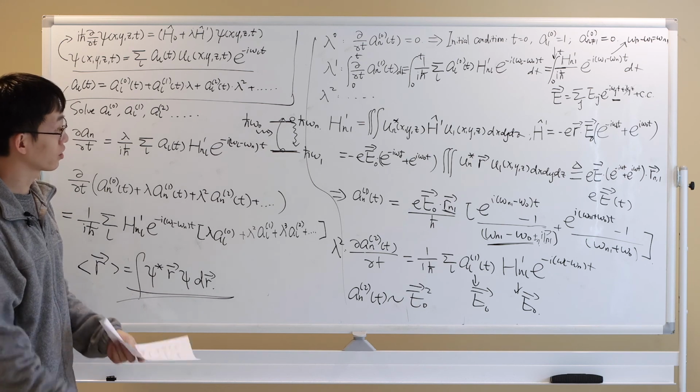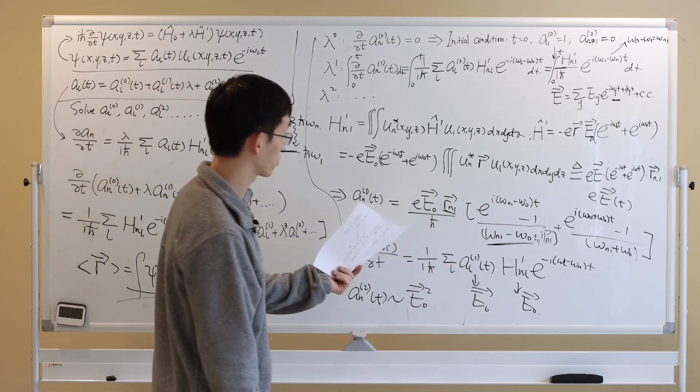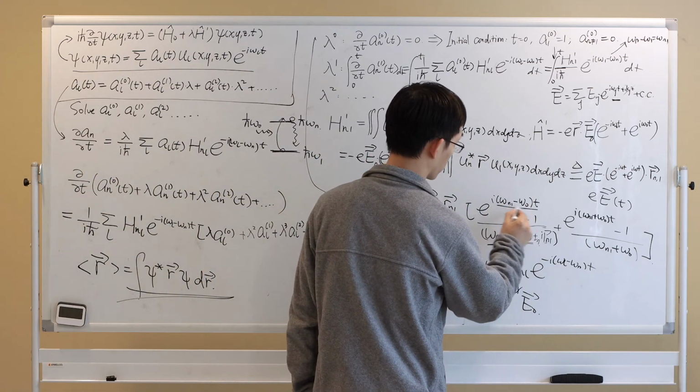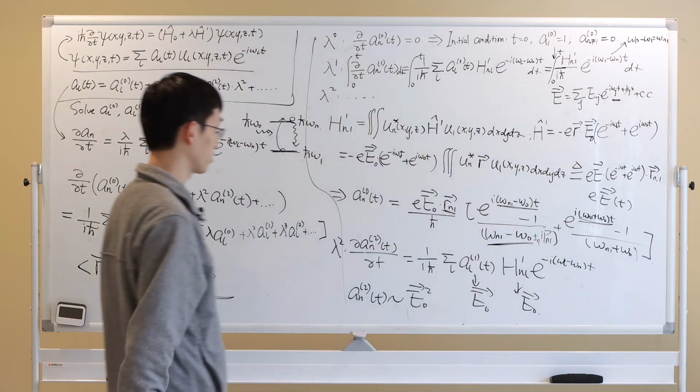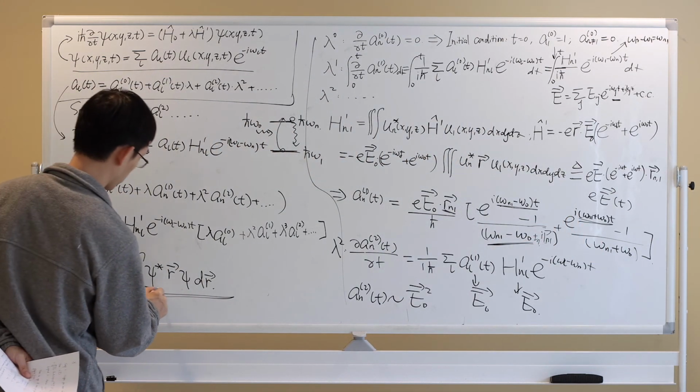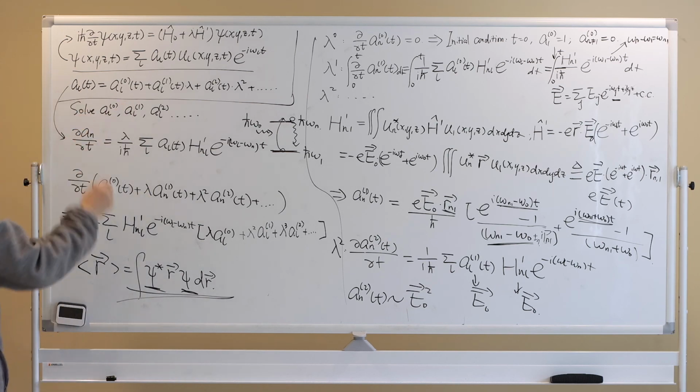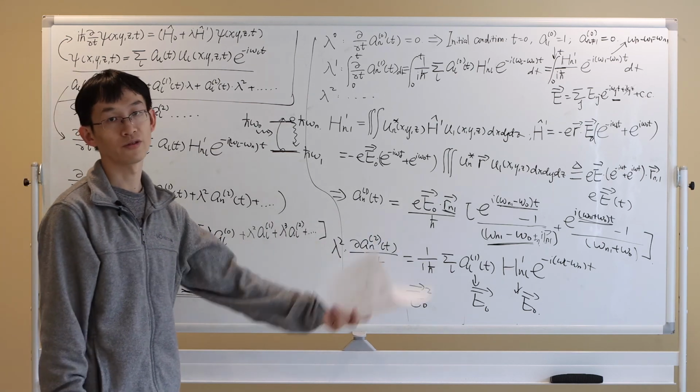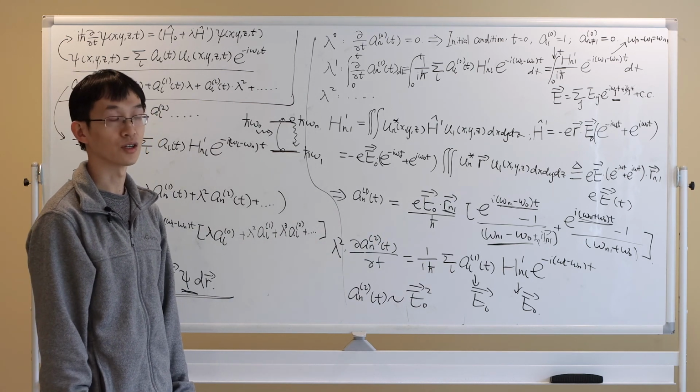The other thing is that when you do all this calculation, you will see these frequency terms multiply together in here, and then you can see what frequency you can generate.